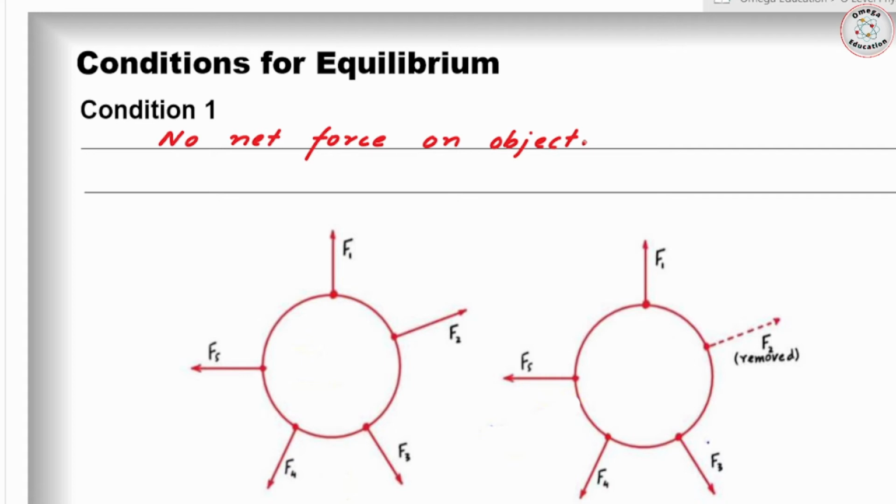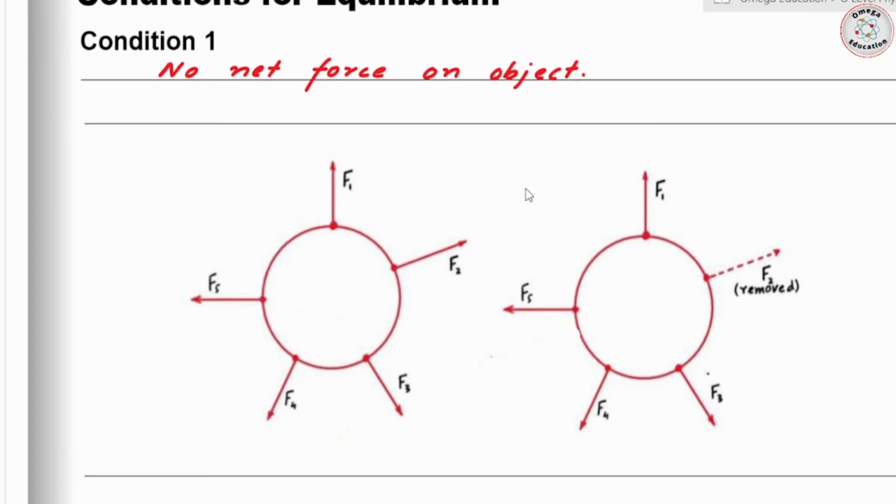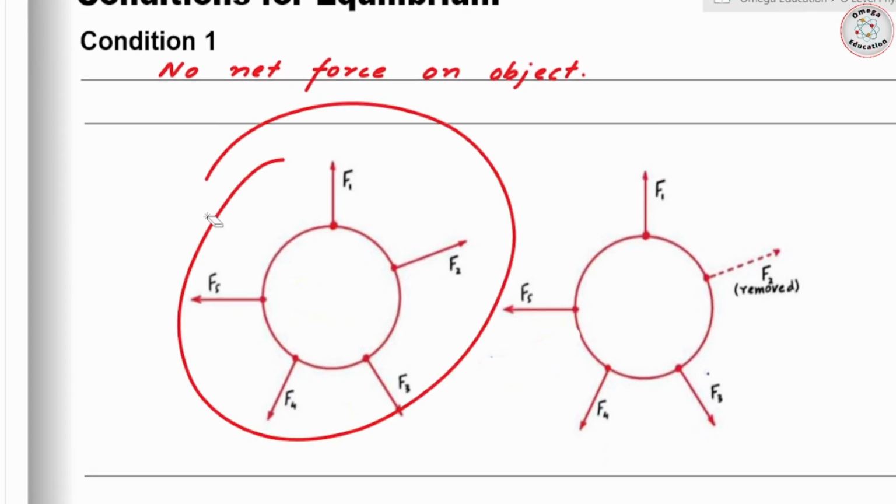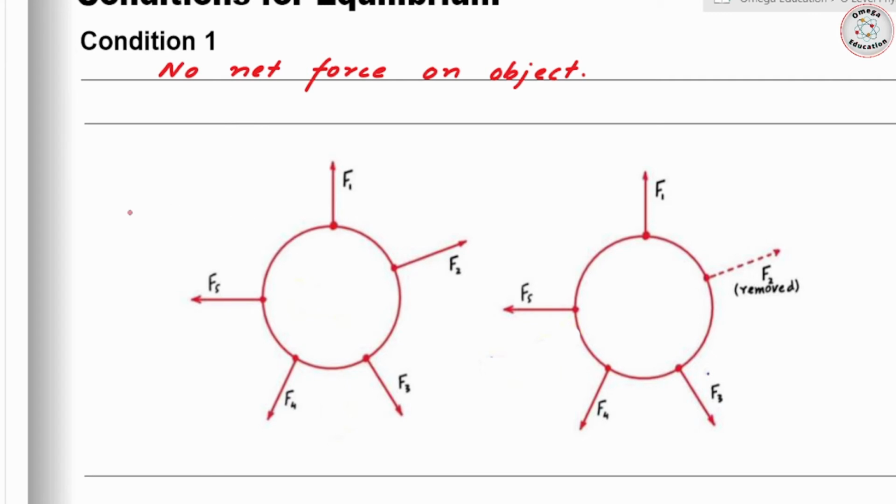So no matter how many forces there are, their total effect or their resultant should be zero. So you see, in this situation, on this object there is no net force. We assume that all these forces cancel out each other in a certain way. So no net force, and it will satisfy the first condition for equilibrium.